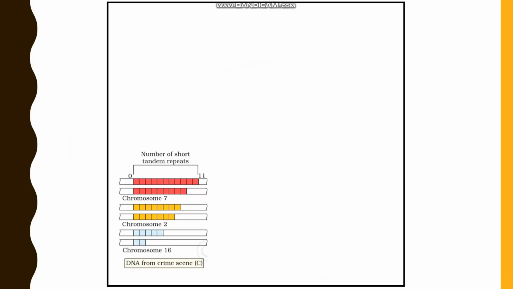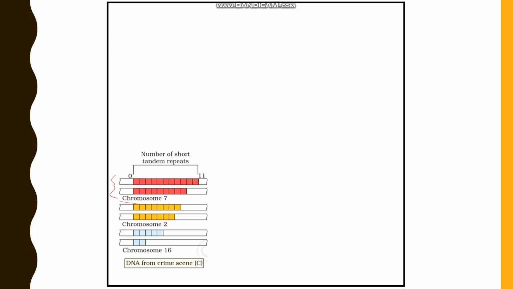And after the separation of VNTR sequences, just observe the chromosomes here. These two chromosomes represent chromosome number 7. You know, individuals are diploid, so two chromosomes will be there, paternal and maternal, and each chromosome consists of a specific length of VNTR sequence.